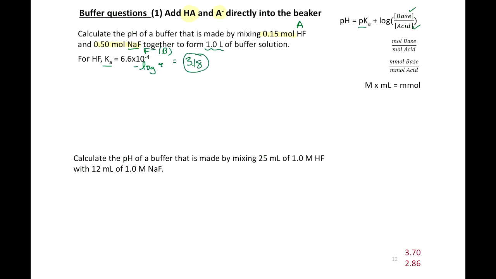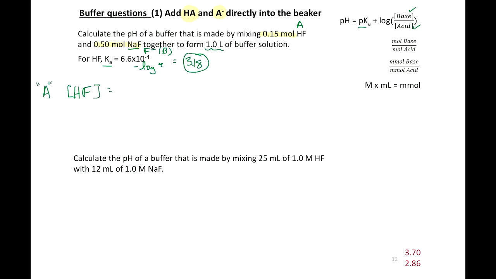This pKa is specific to the substance that we're studying. In this case, it's an HF buffer system. So at this point, we can just plug in our numbers. Recognize that we need our HF concentration. This is our acid.